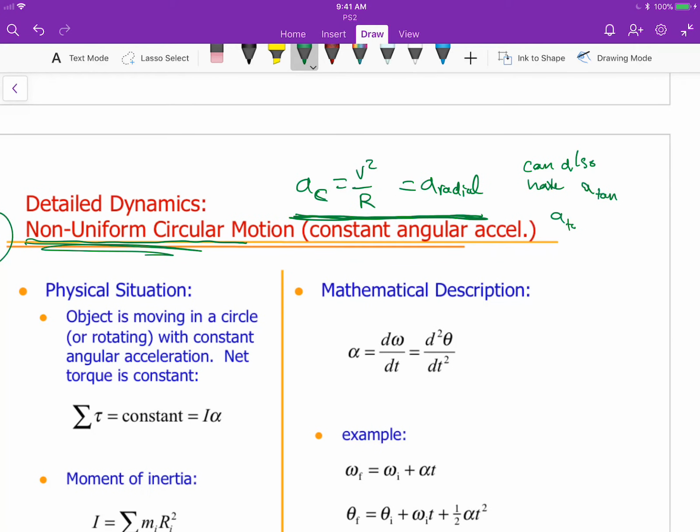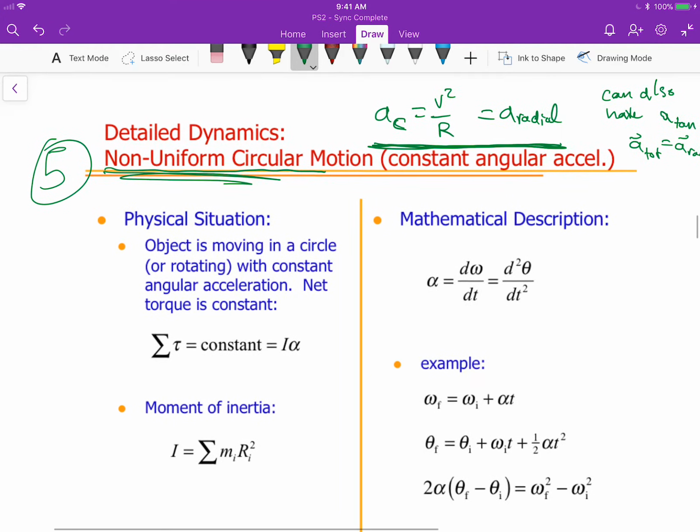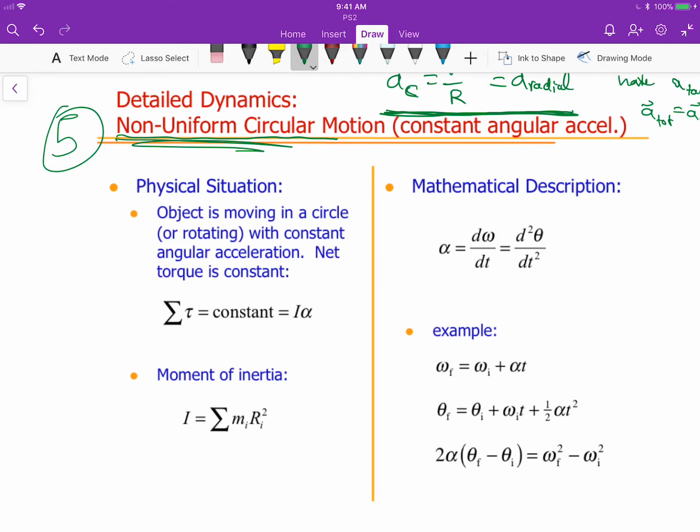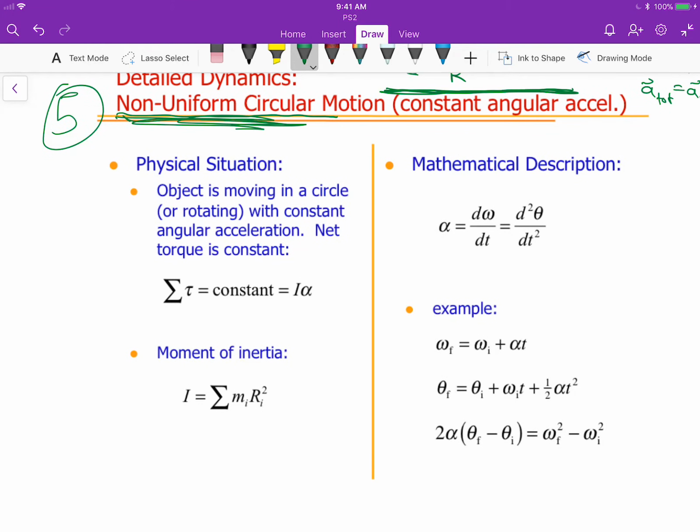To get the a total, you'd have to have both your a radial plus your a tangential. But you can still use it if you have non-uniform circular motion. So that's the fifth situation, how to calculate some detailed dynamics.